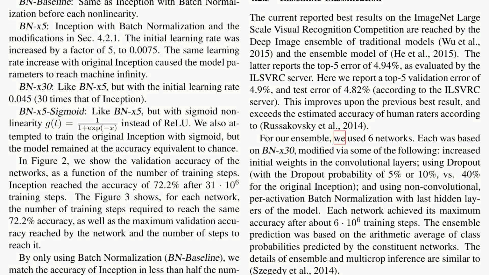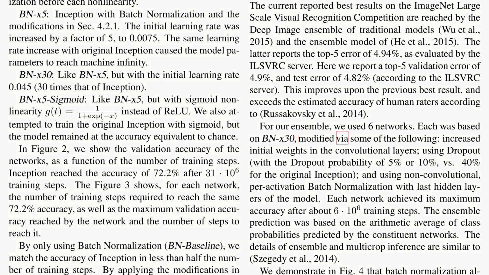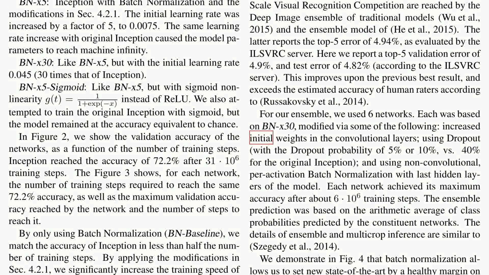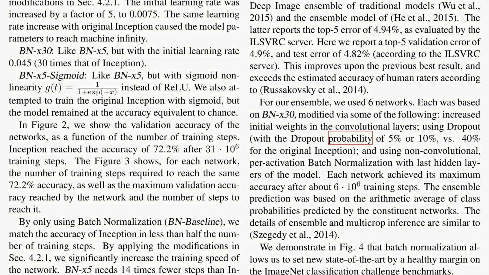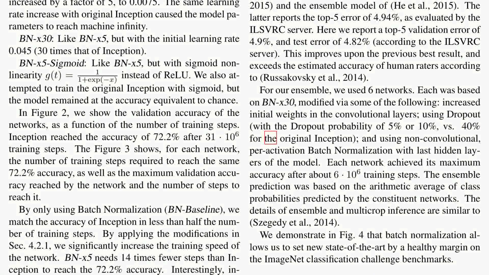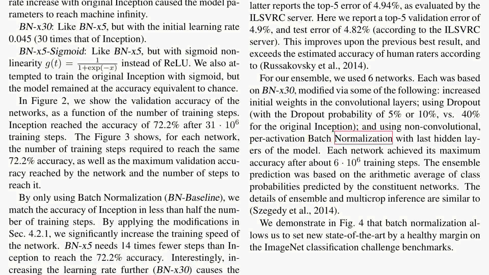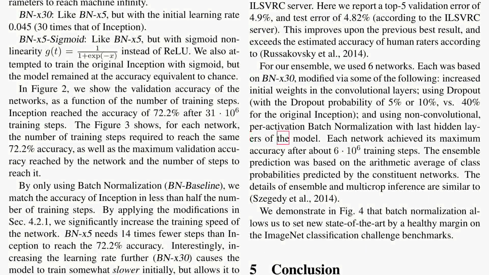For our ensemble, we used 6 networks. Each was based on BN-x30, modified via some of the following: increased initial weights in the convolutional layers, using dropout, with the dropout probability of 5% or 10% versus 40% for the original Inception, and using non-convolutional per-activation batch normalization with last hidden layers of the model.